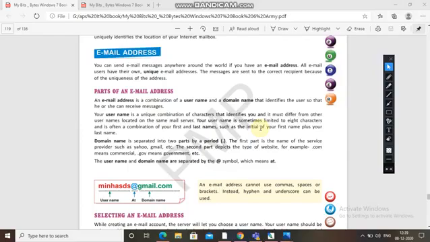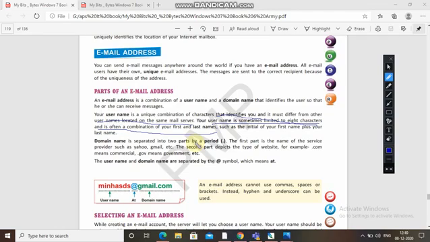Username is a unique combination of characters that identify you, and it must differ from other usernames located on the same server. Username is sometimes limited to 8 characters and is often a combination of your first and last name. So remember this. Okay, username is limited to 8 characters and consists of a combination of first and last name, such as the initial of your first name plus your last name.